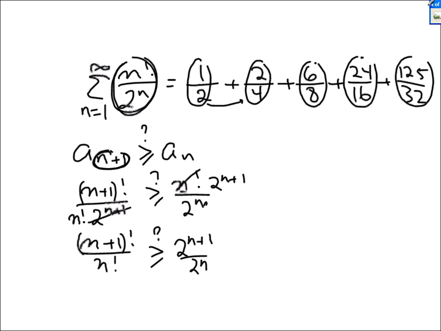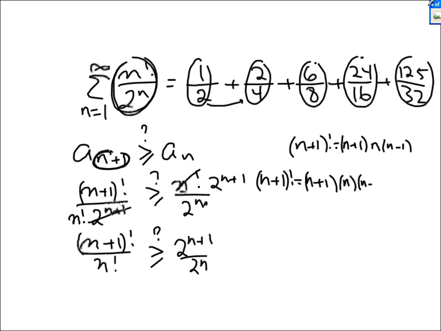Well, n plus 1 factorial means n plus 1 times 1 less, which is n, times 1 less than that, n minus 1. It's n plus 1 times n times n minus 1 times n minus 2, all the way down to 1.